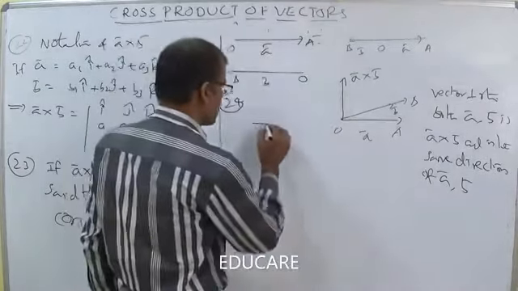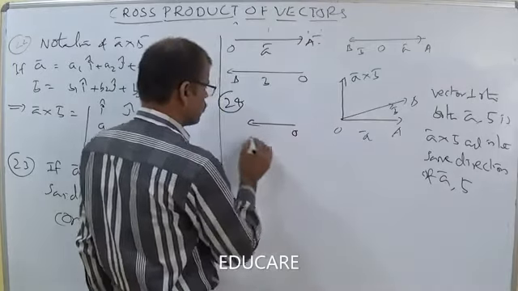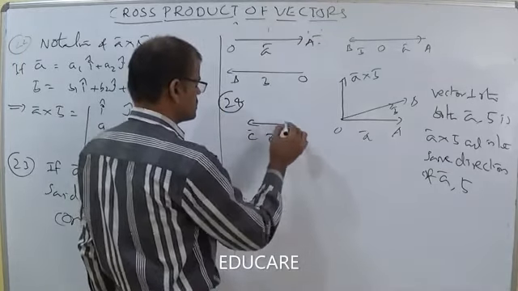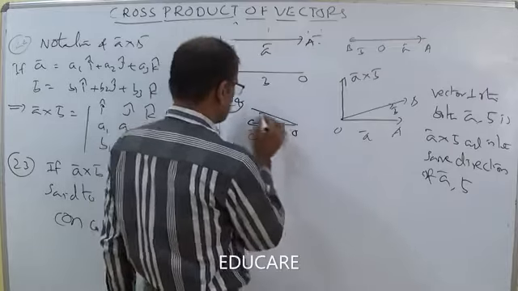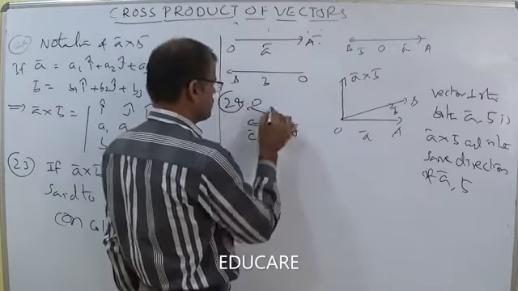Now the second diagram I am drawing like this. O, here I put C, this is C bar, and here I put D, this is D bar.